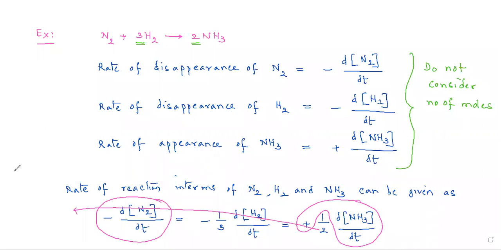It can be said that the rate of appearance of ammonia is 2 times the rate of disappearance of nitrogen, because 1 mole of nitrogen is disappearing and 2 moles of ammonia is what you are getting. Is that okay?